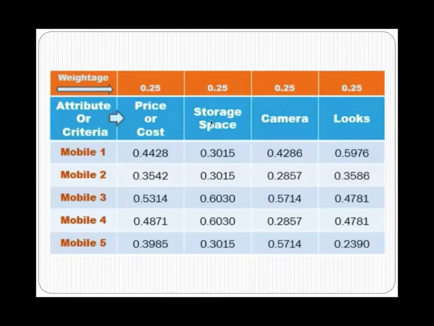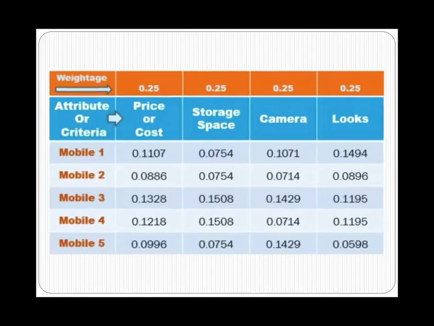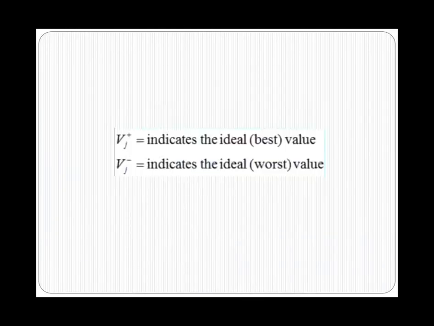So you can just assign it as per your own requirements. So you assign some weights and you multiply these items with the weights. So this is the weighted normalized matrix. And now these are the two things that I was talking about in the first slide. Vj plus indicates the ideal best value and Vj minus indicates the ideal worst value. So now let's look at them.